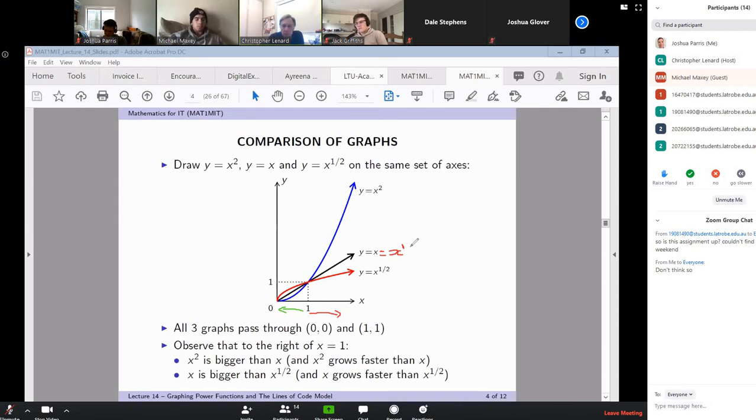That's because 1 is less than 2. But that's only for this region between 0 and 1. Most of the time, we're actually going to be interested in the region where x is bigger than 1. So we're actually interested in this relationship that x squared is bigger than x is bigger than x to the half.